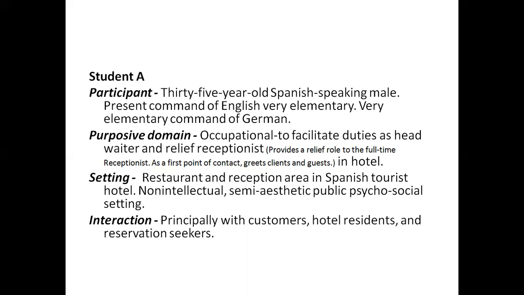That means this person wants to learn English to have benefits in his occupation. His requirement for learning English is to help himself in his occupation.